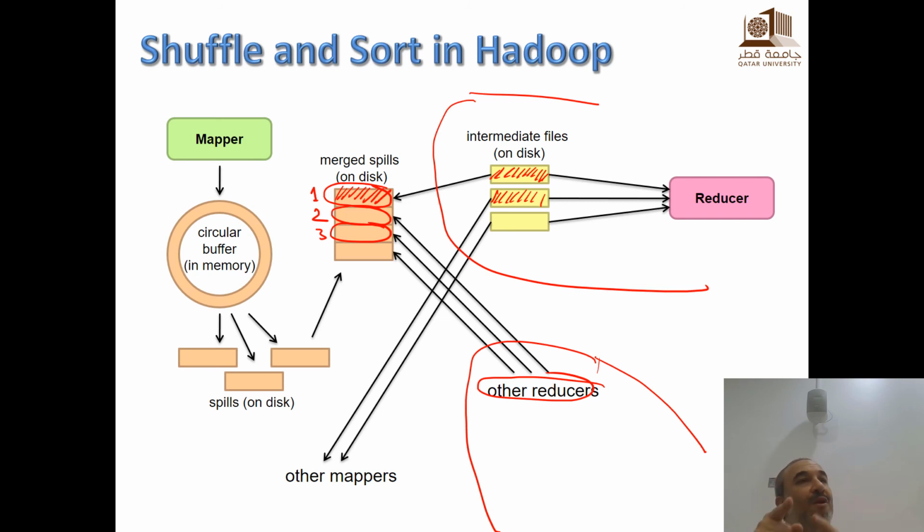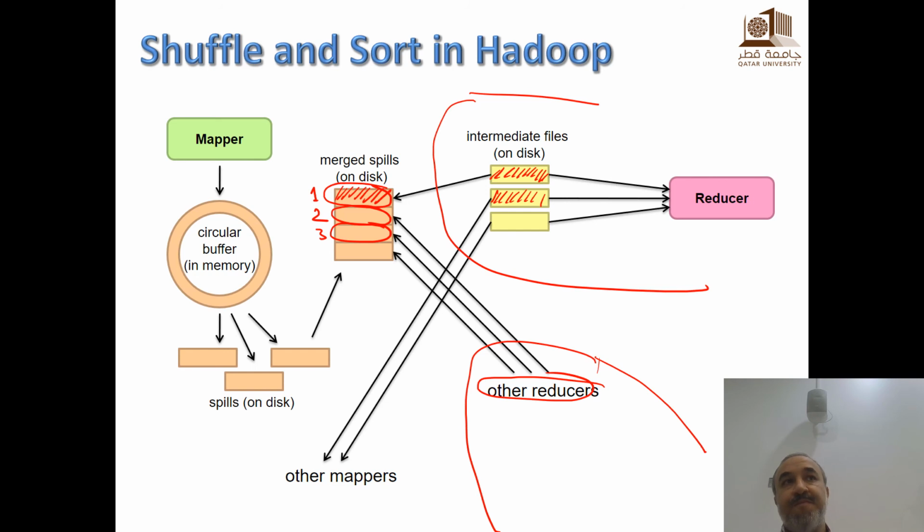Because it has to pull data from all the mappers. It's not just one mapper. A reducer cannot be on all machines. It has to be on one machine. Okay? So probably one of the mappers is on the same machine. That's the best, but the others, of course, might not be. Some of them might be, but not all for sure. Because multiple mappers can run on the same machine if the machine has multiple cores, for example.